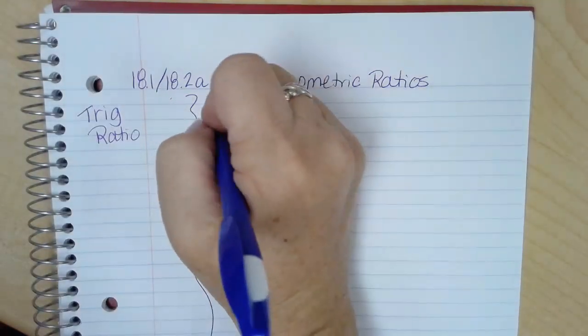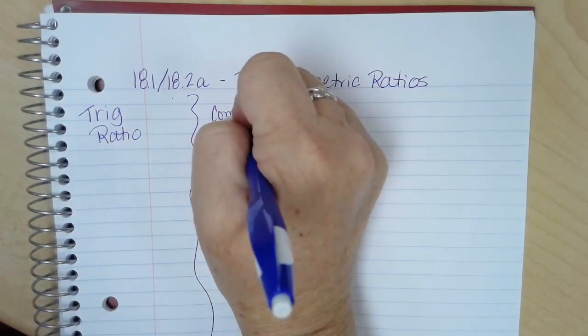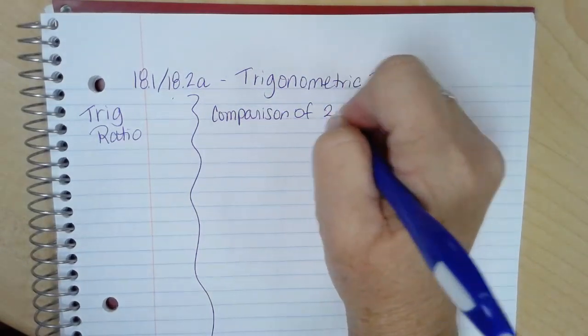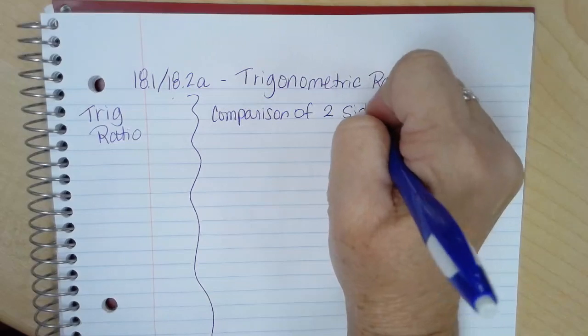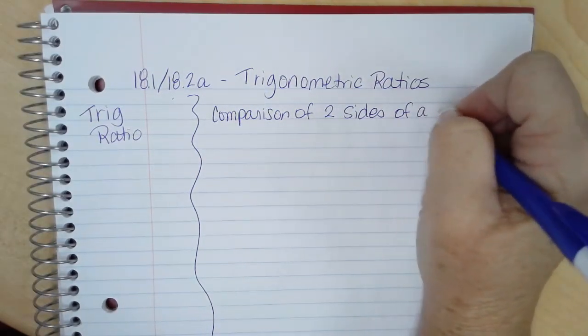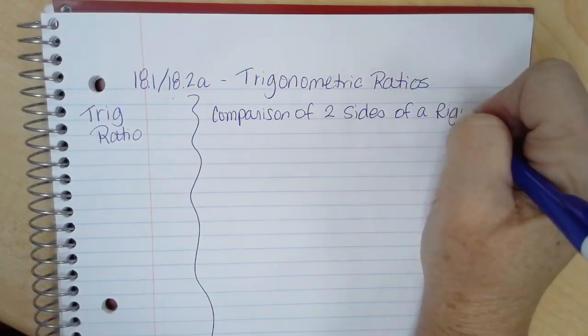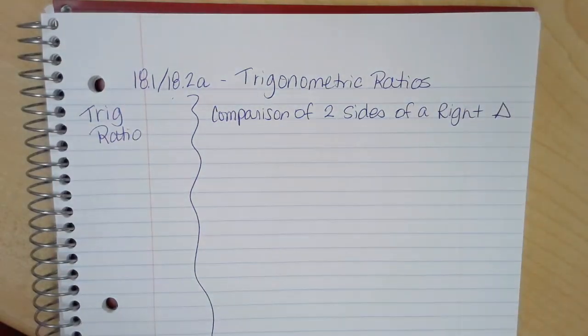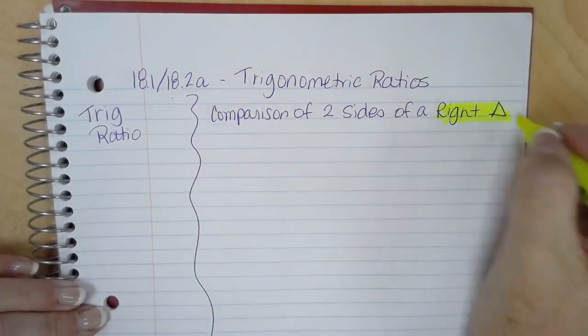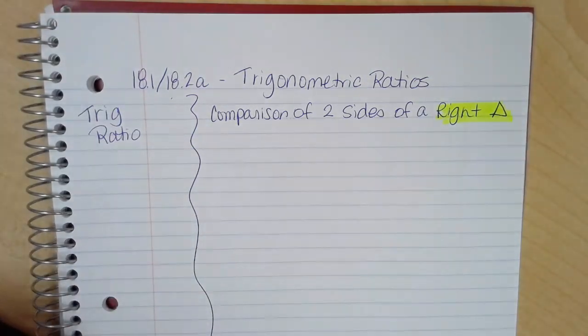A trig ratio is just a comparison of two sides of a right triangle. Now, very important: this only works with right triangles.